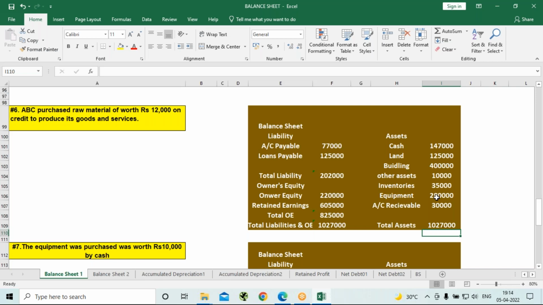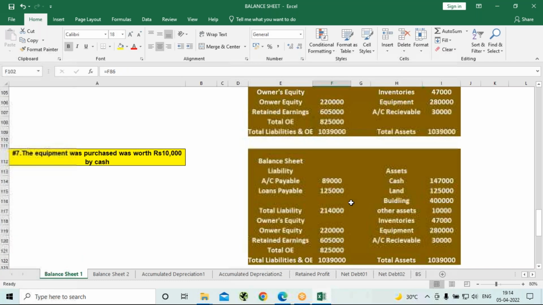The inventories will be increased by 12,000. Very good. Inventories will be increased by 12,000. Good. And the next one is accounts payable. Yes, it is accounts payable. Good. So the next one is: the equipment purchased was worth rupees 10,000.